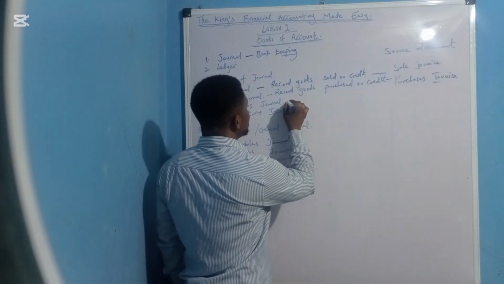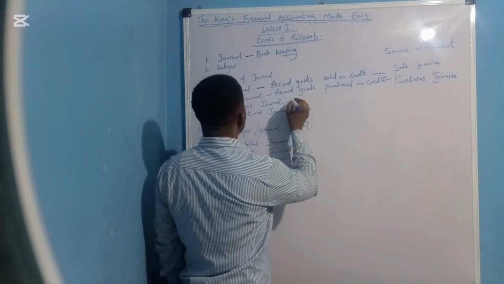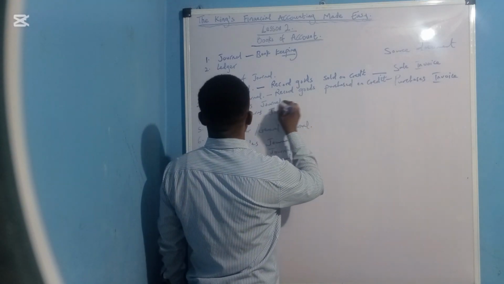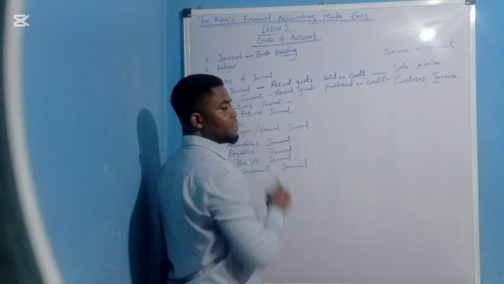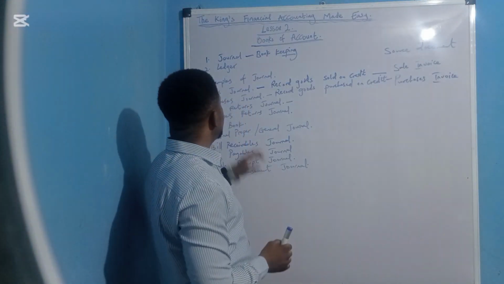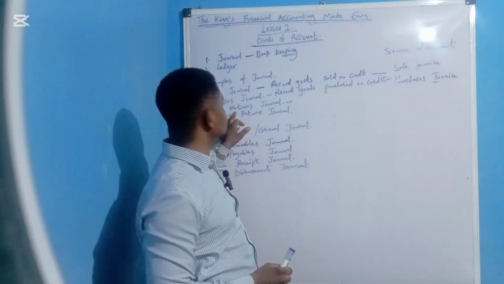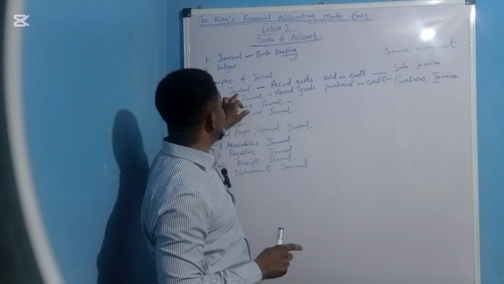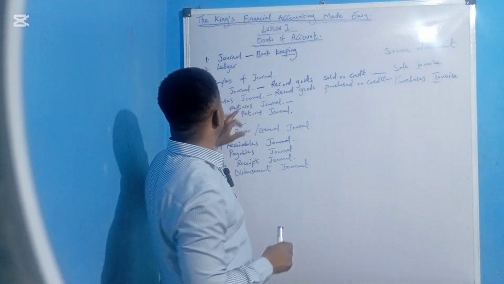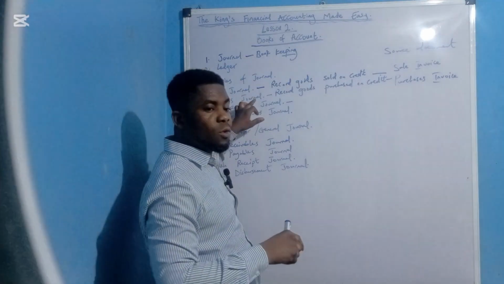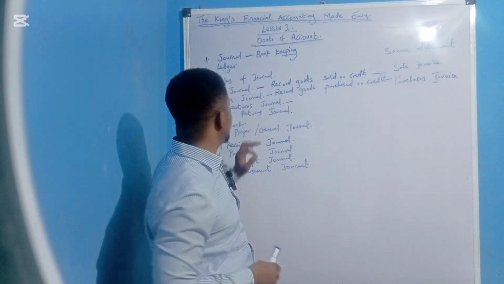Now your sales returns journal is the same thing as sales daybook. Sales journal here is sales daybook. Purchase journal here is also called purchase daybook. They are daybooks.